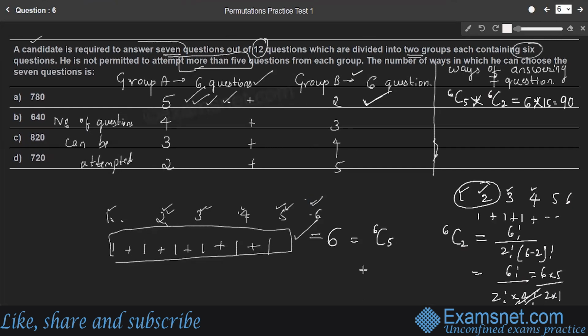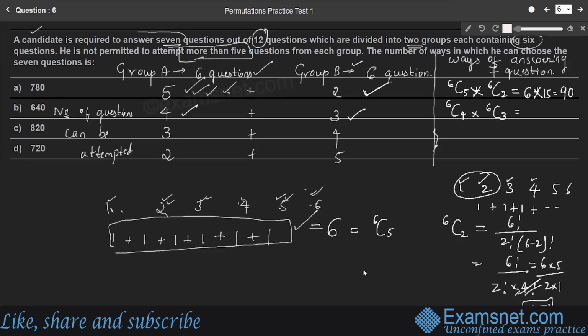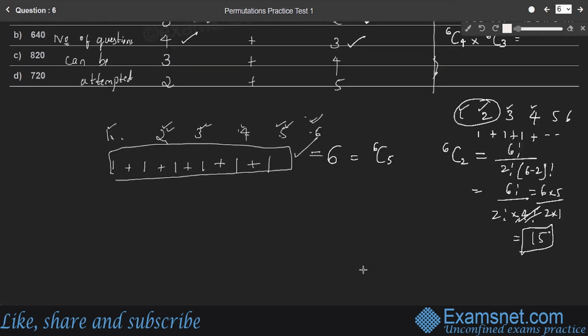Now, in the second case, he has to choose 4 questions out of 6 questions. There are 6C4 ways to choose 4 questions into 6C3 ways to choose 3 questions from group B. So let us simplify 6C4. 6C4 is 6 factorial by 4 factorial into 6 minus 4, which is 2 factorial.